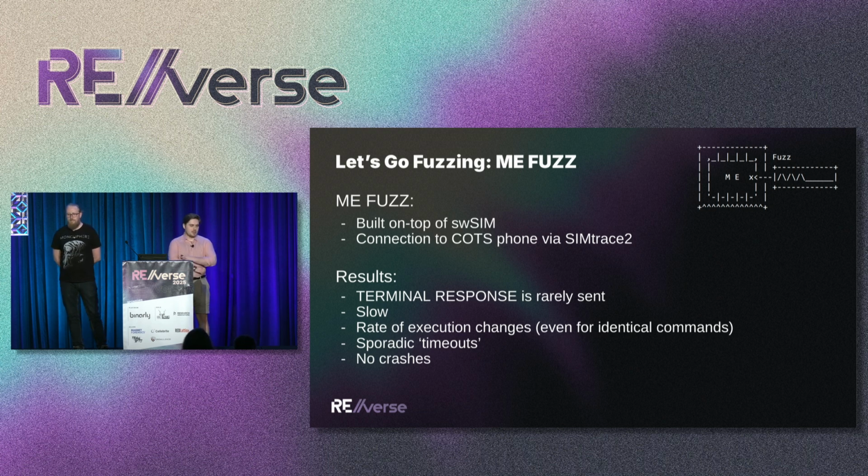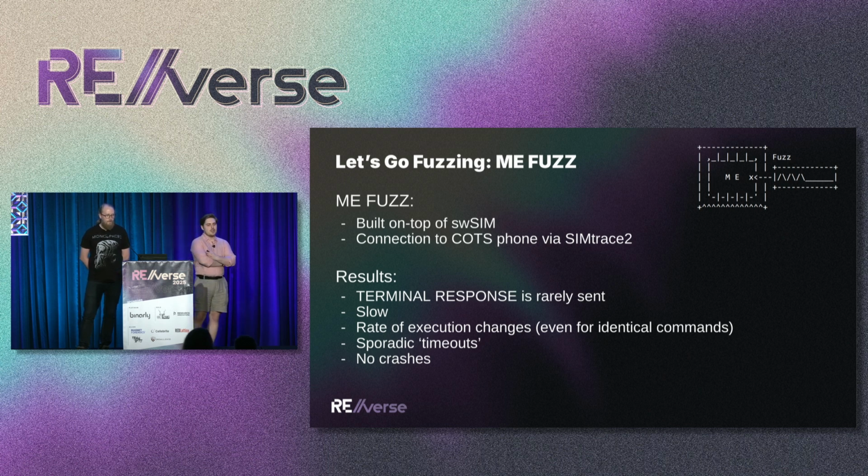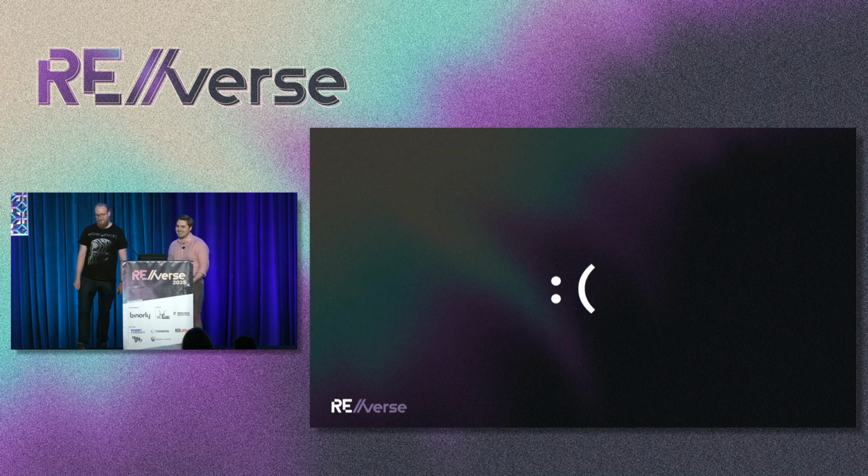But it turns out that when you send a lot of proactive commands, the phone doesn't really like it. It's going to ignore some of the commands, delay some of them, and sometimes it will run like 10 in a row and then just stop and ignore you forever. So we didn't really find any crashes with this method.